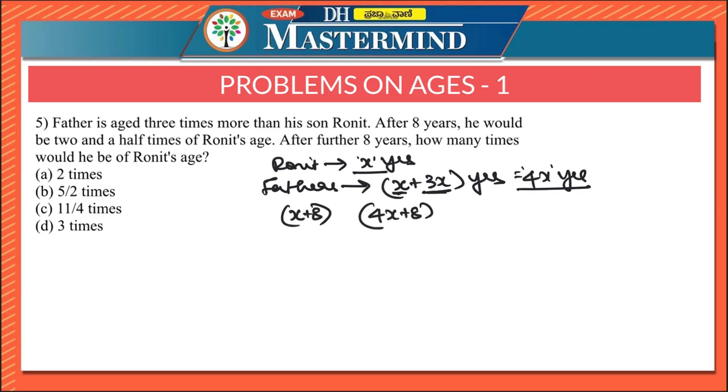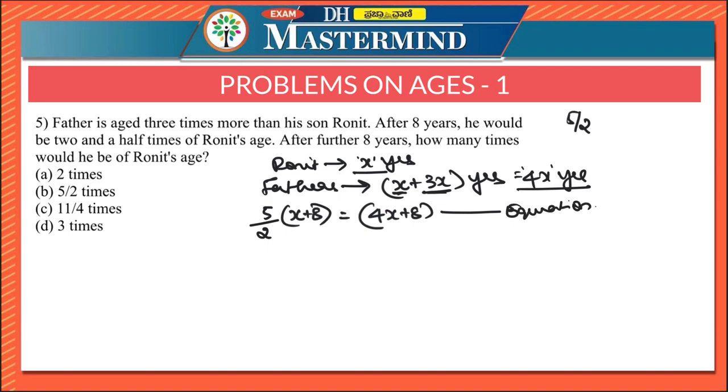And according to the condition given, Ronit's father's age would be 2.5 times Ronit's age. 2.5 is nothing but 5 by 2. So we will have to multiply Ronit's age by 5 by 2 in order to satisfy the condition that prevails after 8 years. So this is the equation we get.